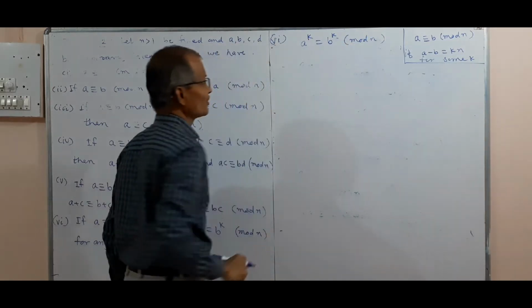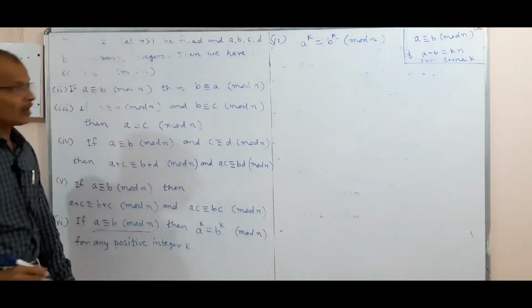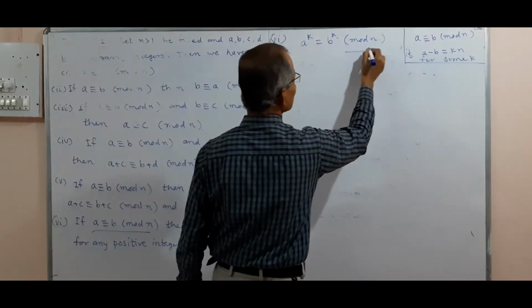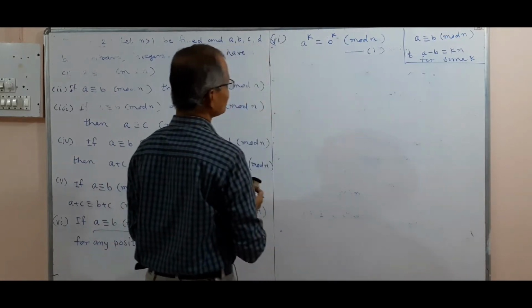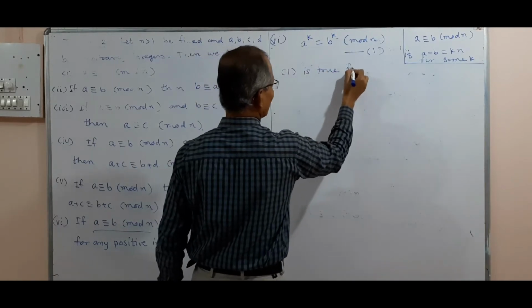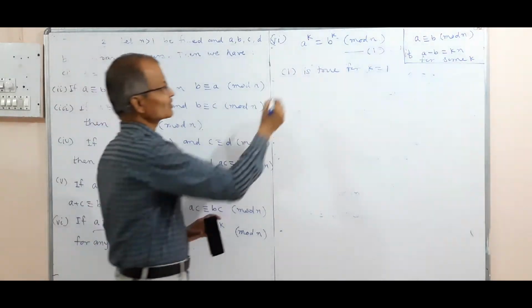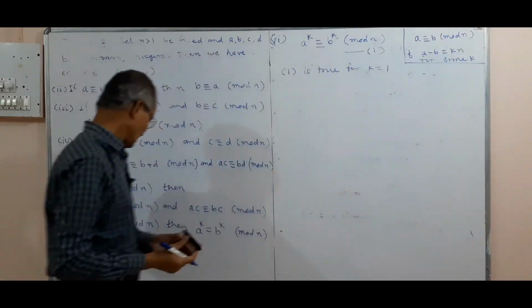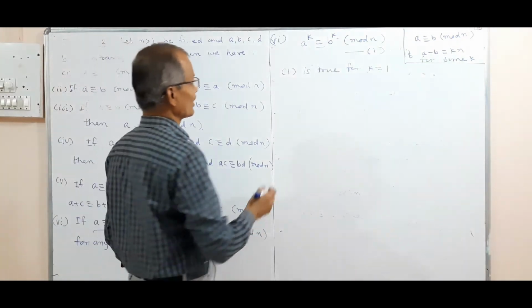So this is to be proved given A is congruent to B modulo n, and obviously this result is true for k is equal to 1, because if k is equal to 1, that becomes A is congruent to B, and this is given. So therefore the result is true for k is equal to 1.